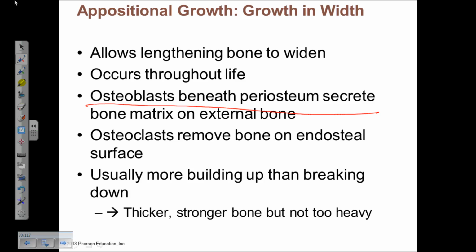So ideally, if it would be balanced, then the thickness of the walls would not change. But osteoblasts in general work more active. They're more active than osteoclasts. So bone not only becomes wider, its walls become thicker.